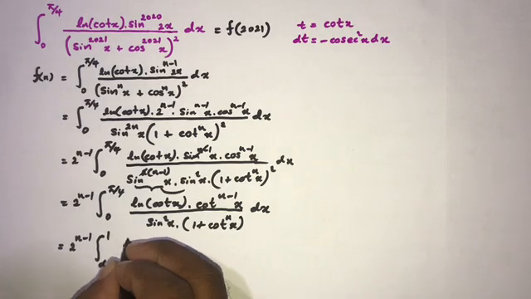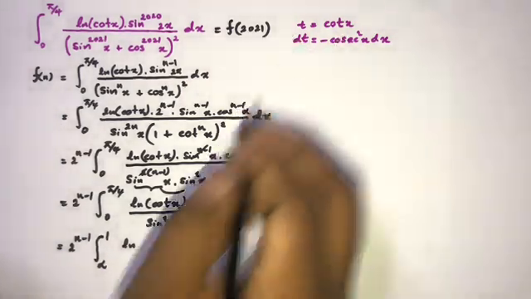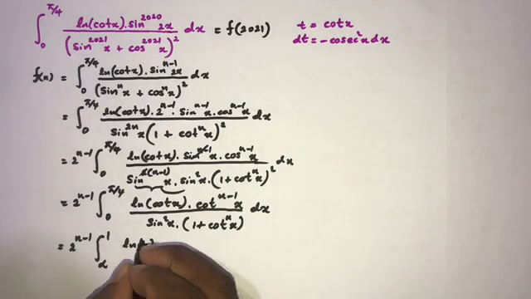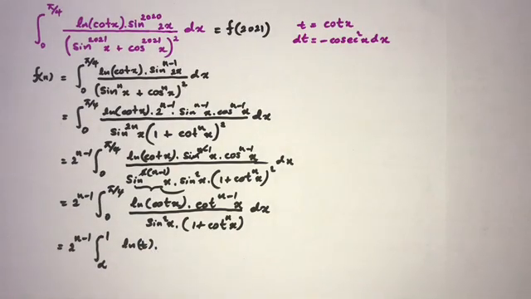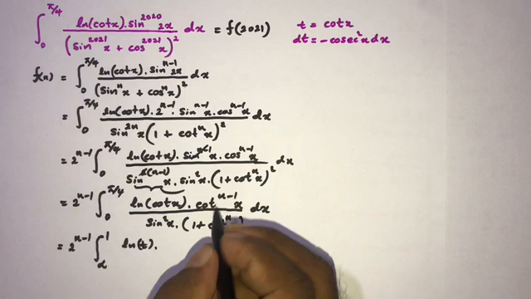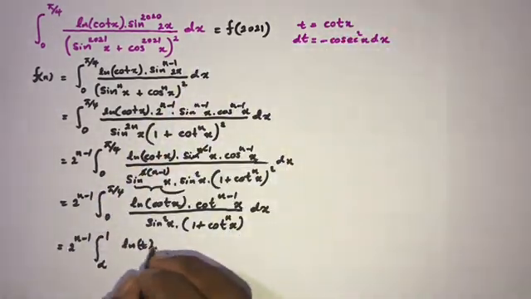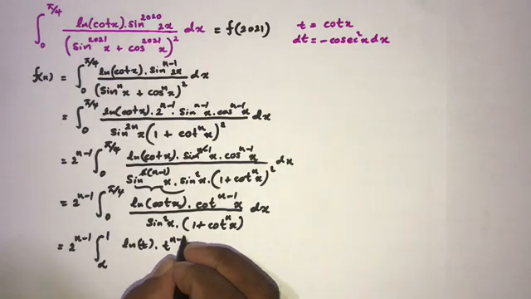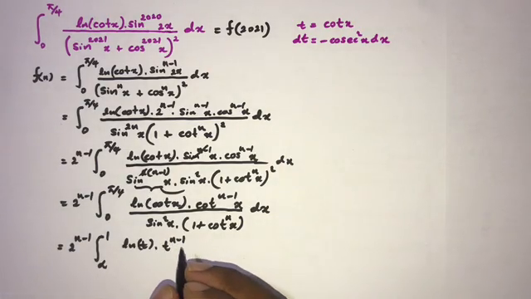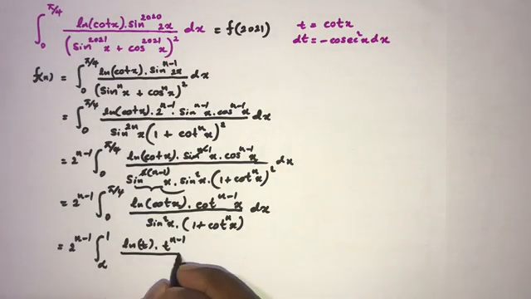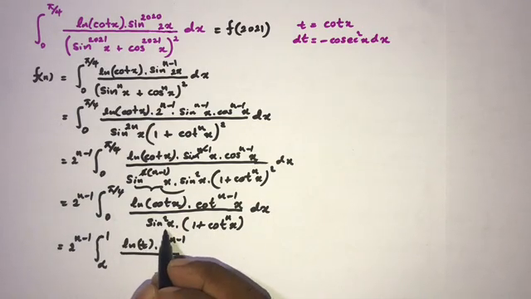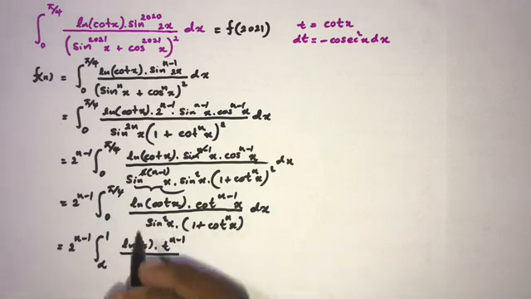Now natural log of cotangent of x, we know t, so natural log of t times cotangent raised to the n minus 1 power, so we know t to the n minus 1 power, over sine square of x dx.